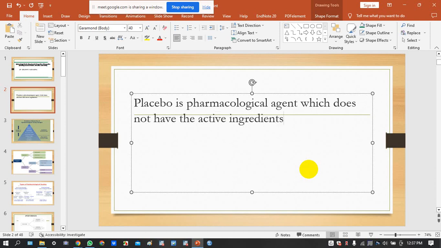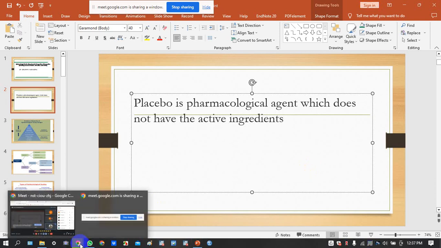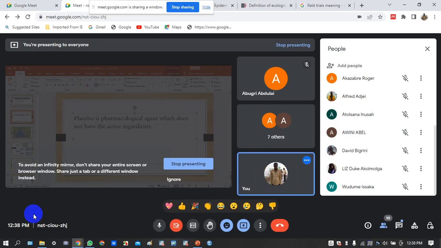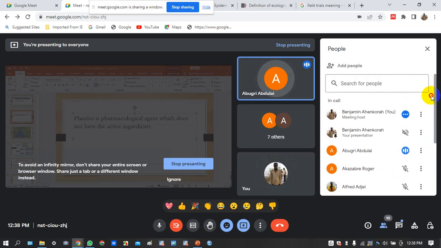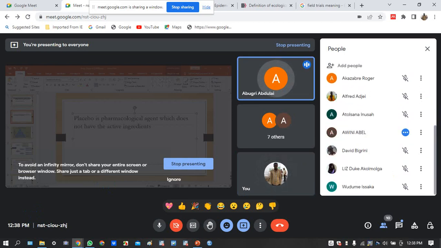So I want to ask this question: who can give me the simplest example of a placebo? Are you with me? Who can give me a simple example of a placebo?